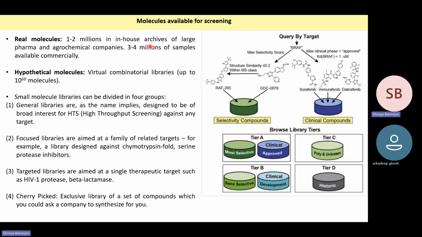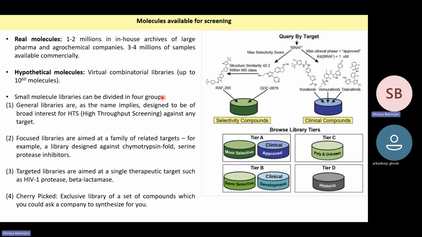Commercially available molecules can also go up to 3 to 4 million molecules. However, hypothetical molecules, which can be found in virtual libraries, can go up to 10 to the power 60 molecules. You screen through these libraries for any drug design process.